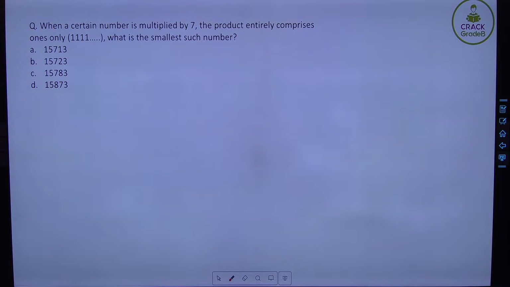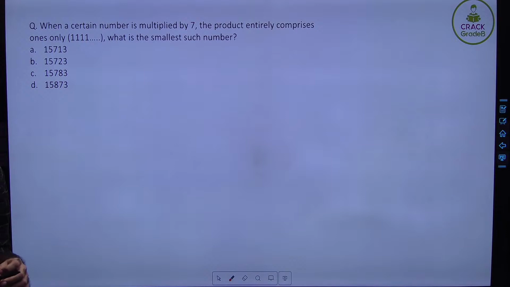D option. Okay. It is not difficult to remember the rules.